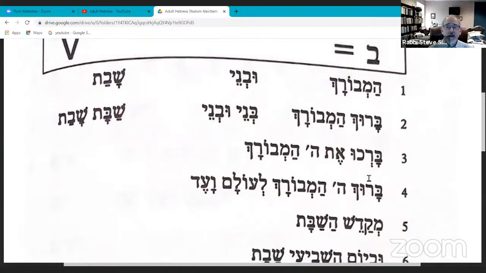Line 3 and line 4 are two individual one-liners that comprise one of the most important Jewish prayers in all of Jewish life. It's called the Baruch Hu, after the first word.